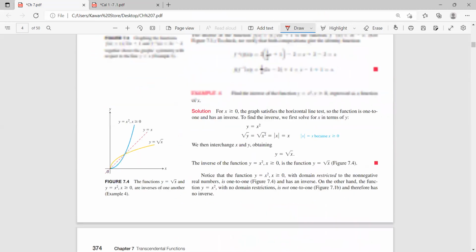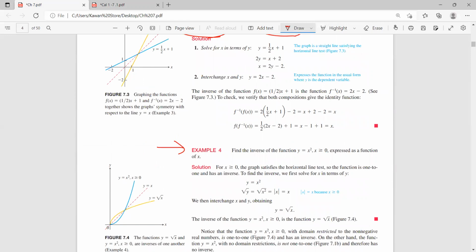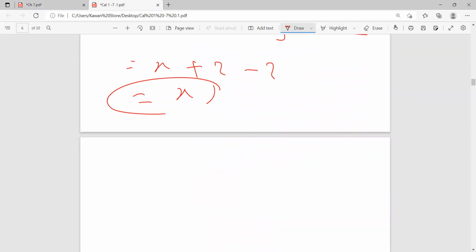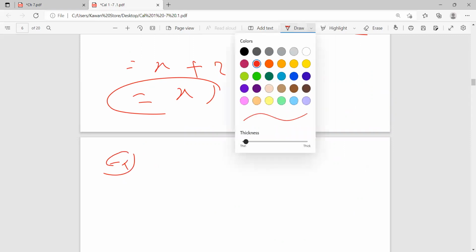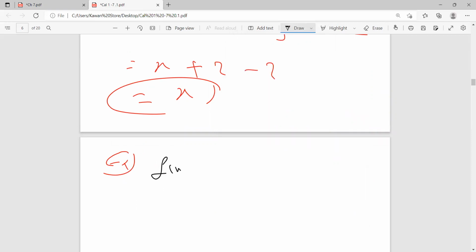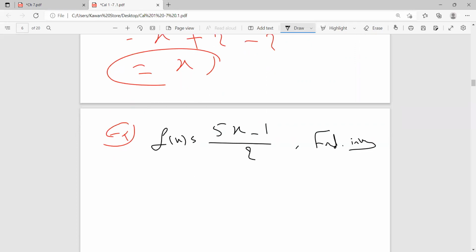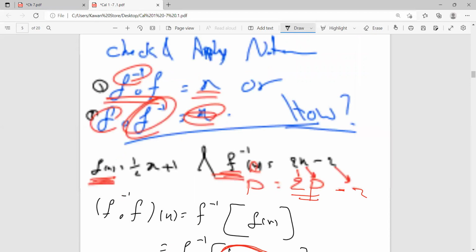For example, we have f of x equals 5x minus 1 over 2, something like that. So how do we find the inverse? You know, here we forget something.